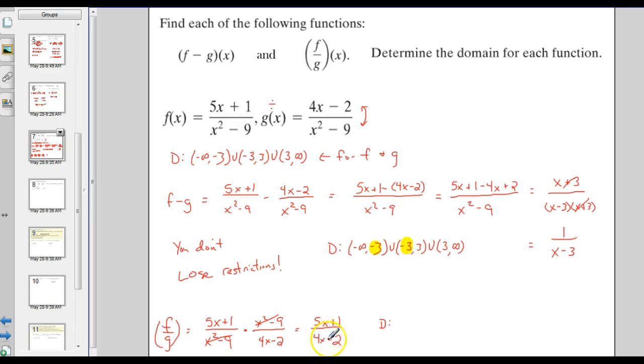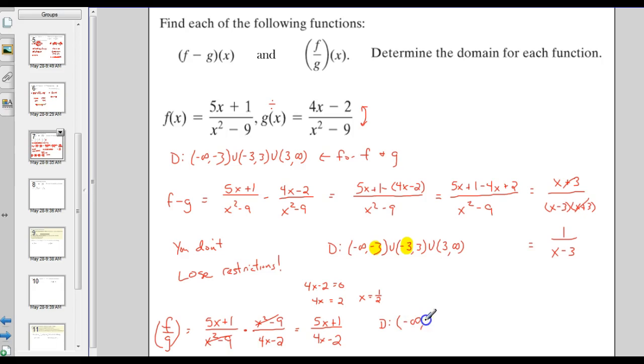If I take 4x minus 2 and set that equal to 0, I get 4x equals 2. So x equals 2 over 4, 2 divided by 4, or a half. That's the only thing that causes a division by 0 in the finished product. But once again, you've got to remember, it doesn't matter.